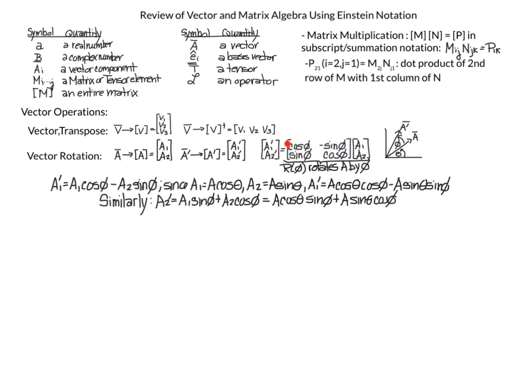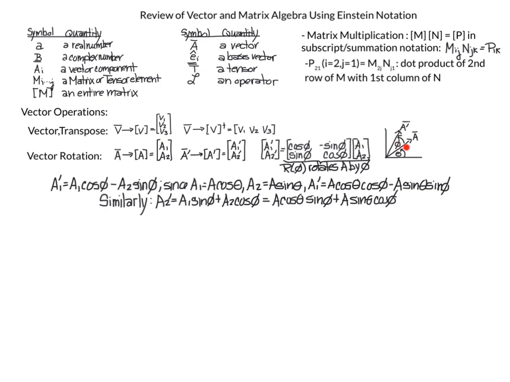To see that this matrix, which we will call R of phi, rotates our original vector a by an angle of phi, let's consider this drawing, and let's start with a1 prime equal to this row times this column. In other words, a1 prime is equal to a1 cosine theta minus a2 sine theta.